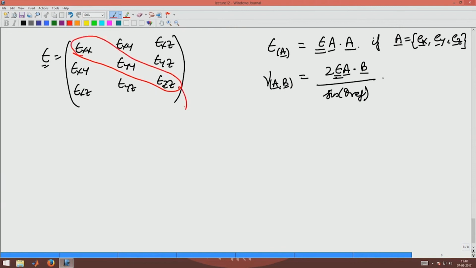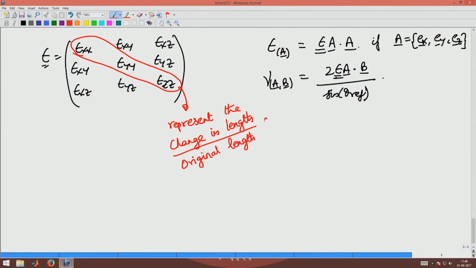So, these diagonal terms represent the change in length by original length along the coordinate directions.